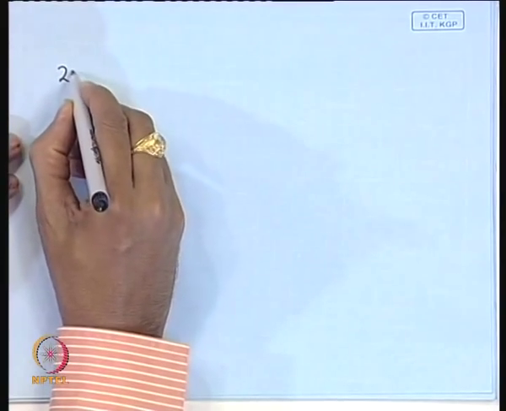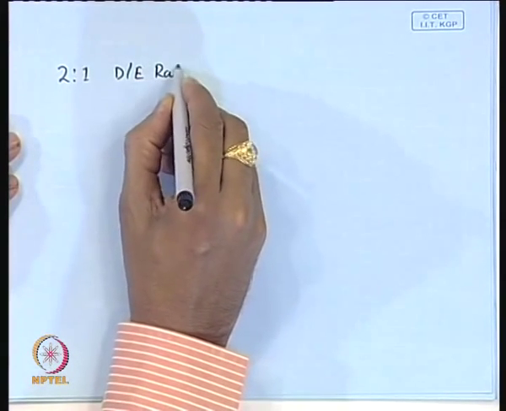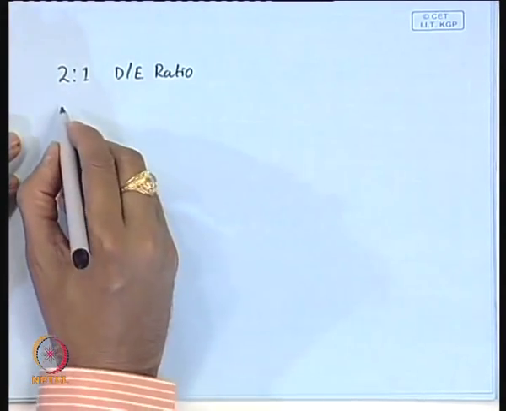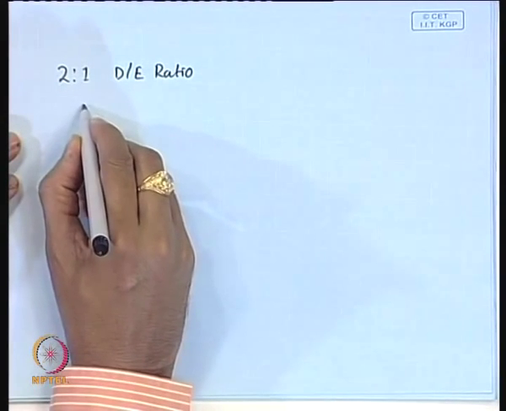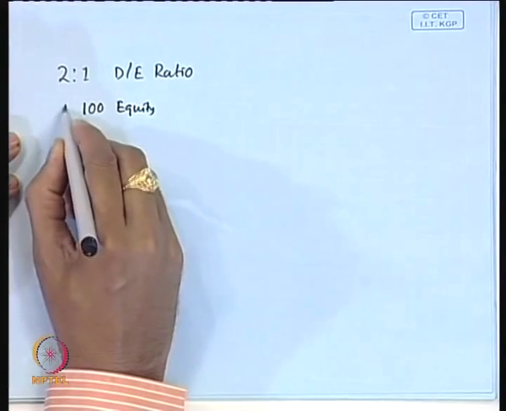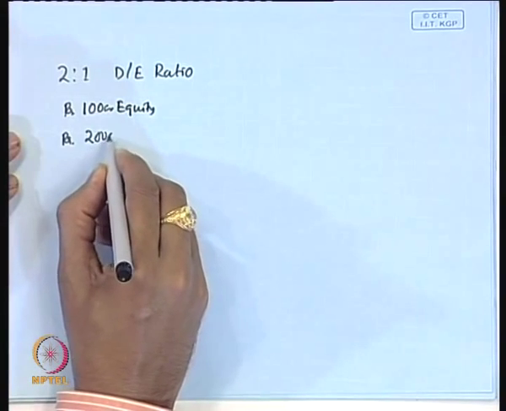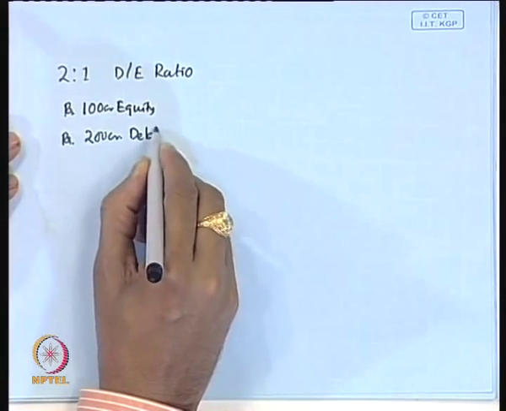Certain bankers will look at the equity level of a company before they lend. If a banker has a policy that it can give a loan to the extent of a 2:1 debt equity ratio, and the company has 100 crore rupees as equity, obviously this company can have 200 crore rupees as debt.